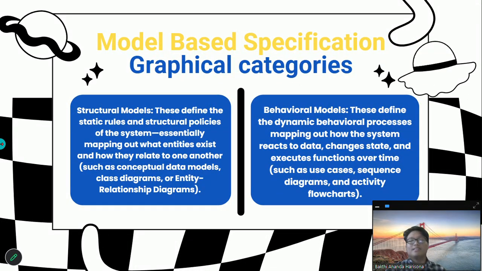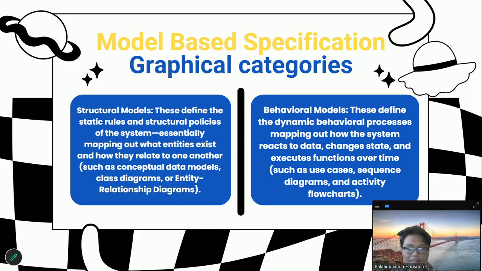Okay, next, we got the graphical categories, the structural models and also the behavioral models. The structural models define the static rules and structural policies of the system, essentially mapping out what entities exist and how they relate to one another, such as conceptual data models, class diagrams, or entity relationship diagrams.